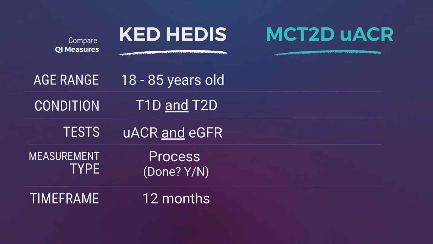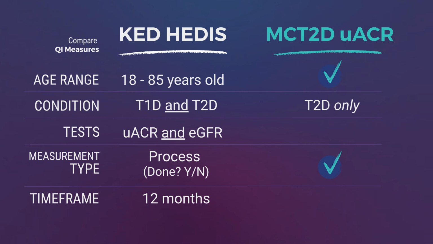Like the KED HEDIS measure, the Michigan Collaborative for Type 2 Diabetes, MCT2D, uACR performance measure is also a process measure and also evaluates adults aged 18 to 85 years old, but we are specifically looking at individuals with type 2 diabetes. It does not look at the result of the test.